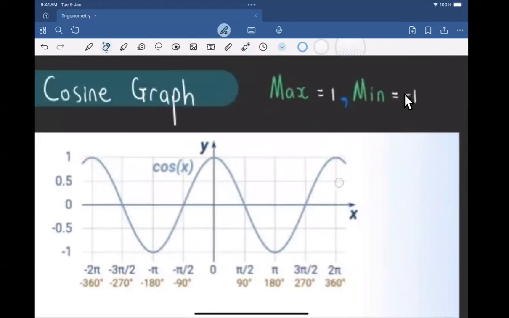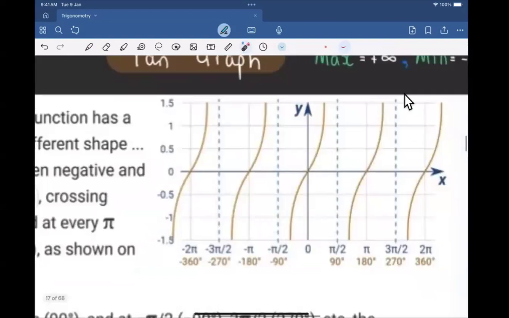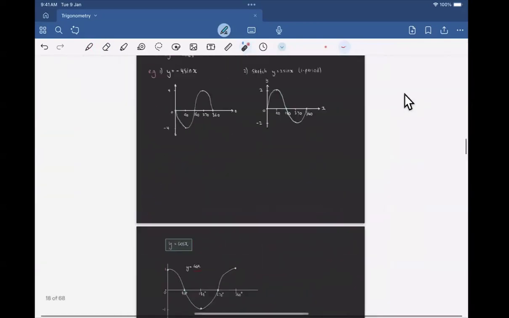Between 0 and 90, everything is? Positive. And now for the tan graph between 0 and 90, everything is? Positive.